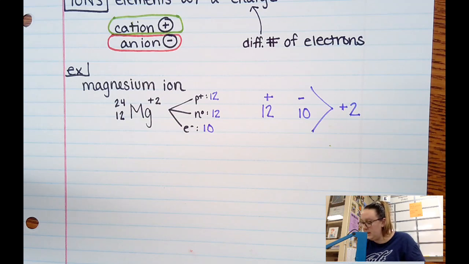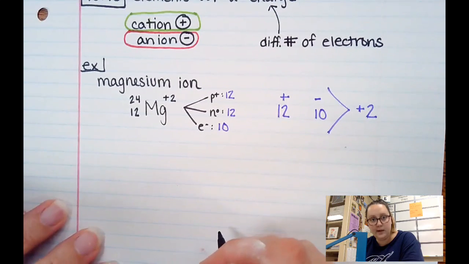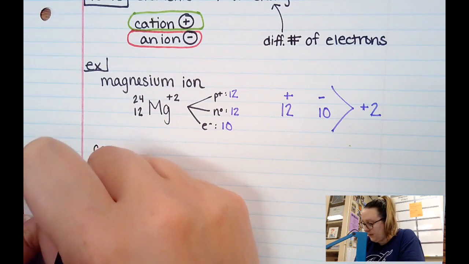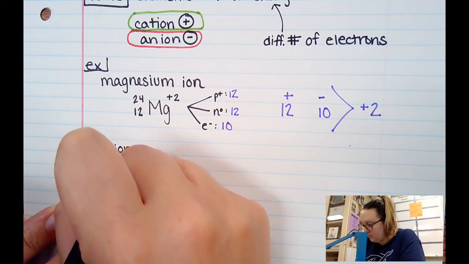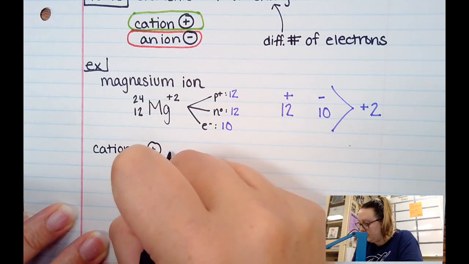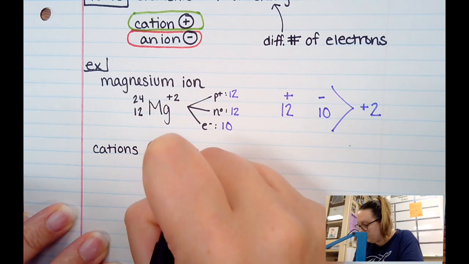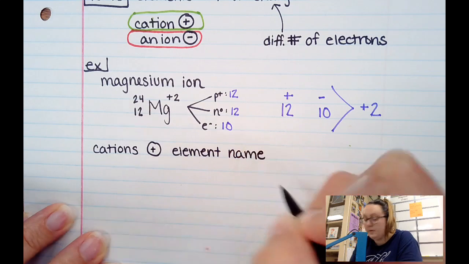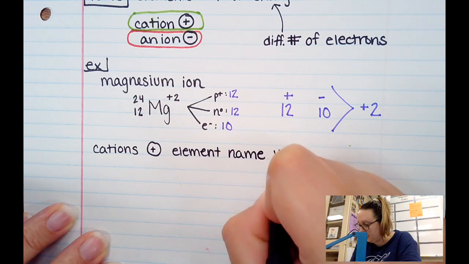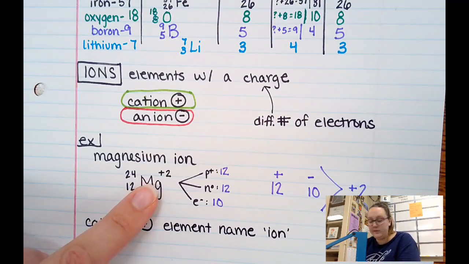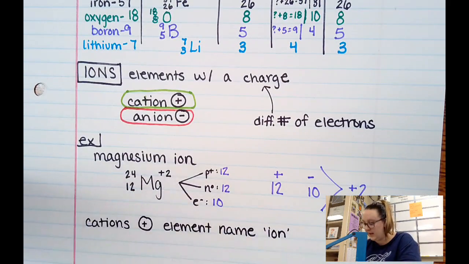If something is a cation, there's a specific way we name things. So for cations, which are positively charged, you use the element's name plus the word ion. I knew magnesium was going to form a positive charge, that's why I put magnesium ion.